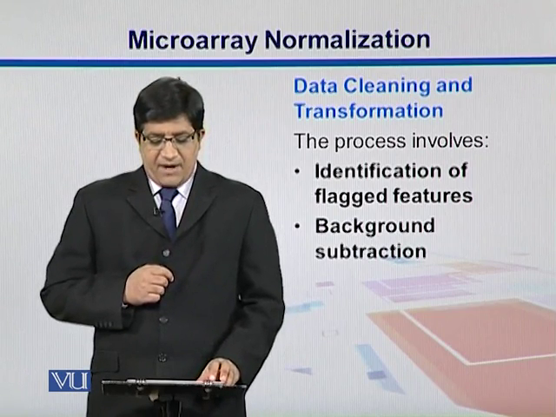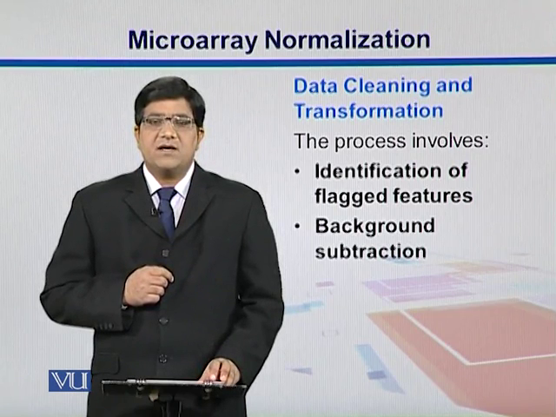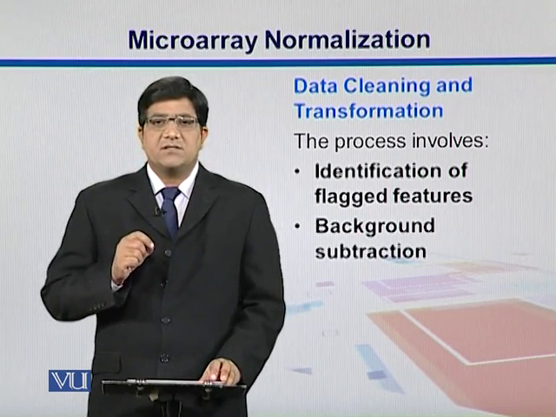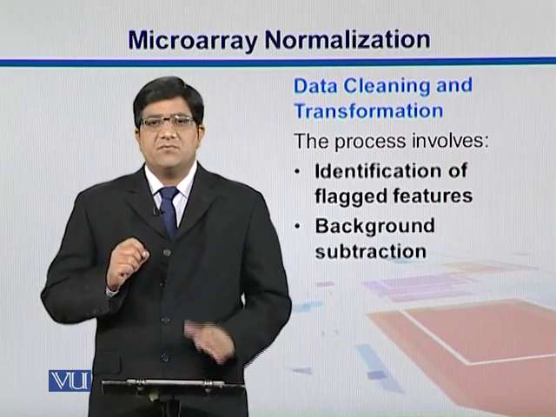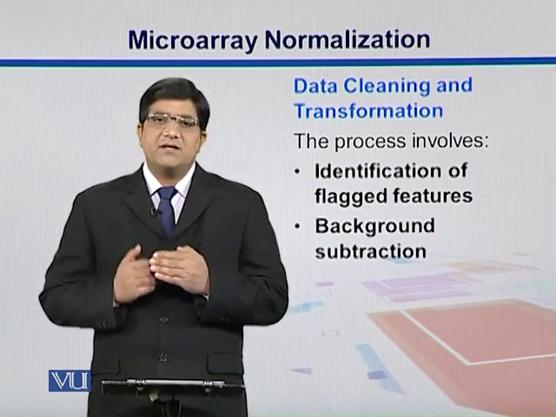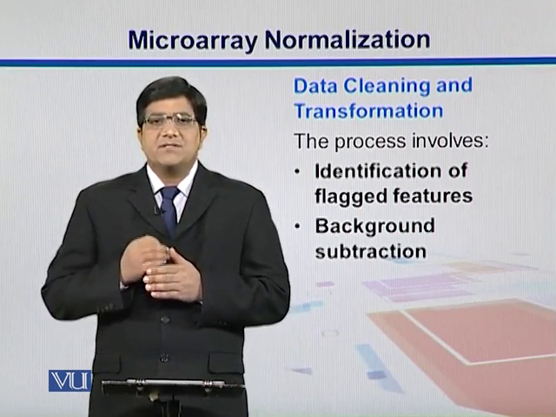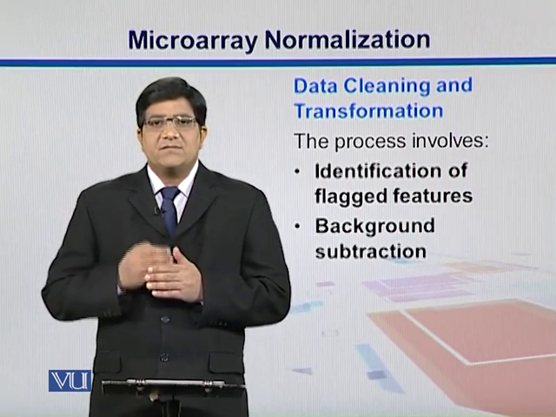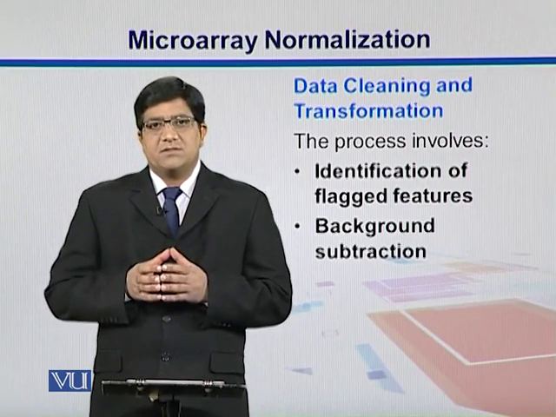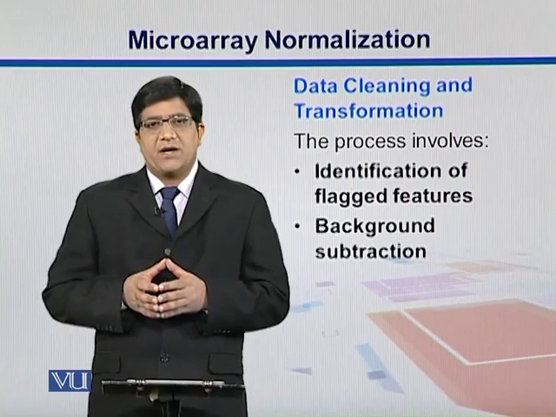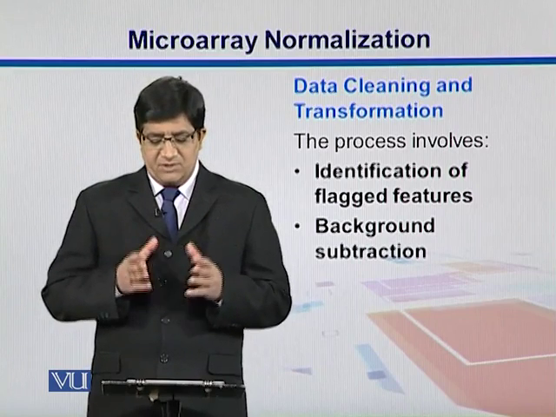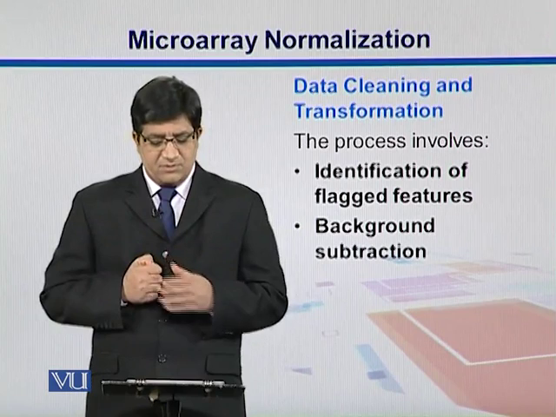We need to do some background subtraction. Sometimes we have some signal which is coming from the background, but we are interested in the foreground. Anything coming from the slide, maybe a scratch or a spot, can disrupt our experimental results. So in order to avoid that, we need to subtract that background noise.